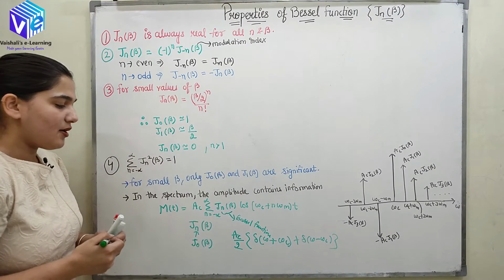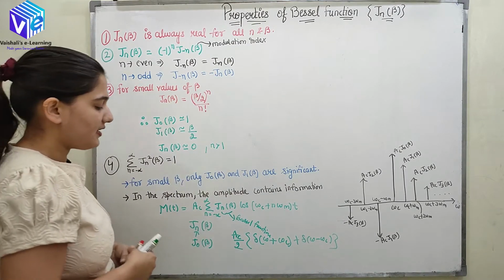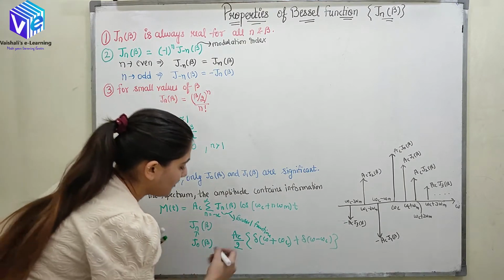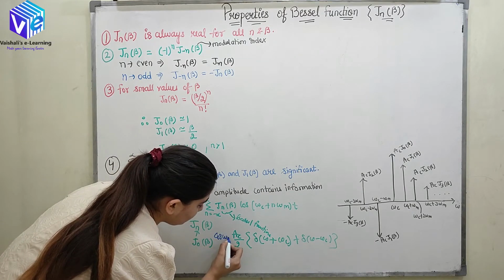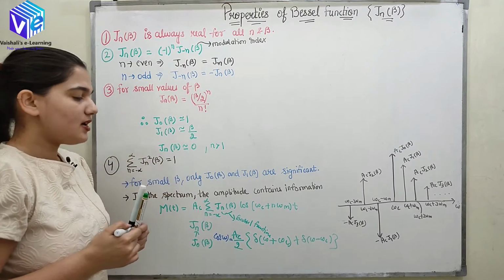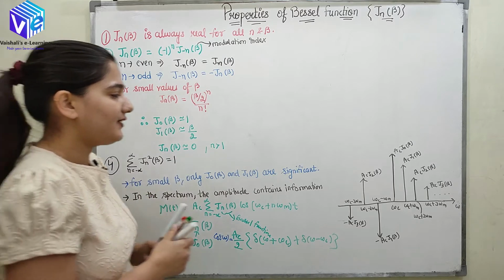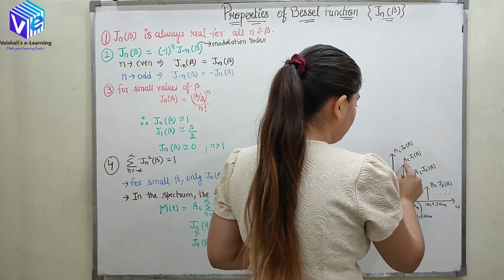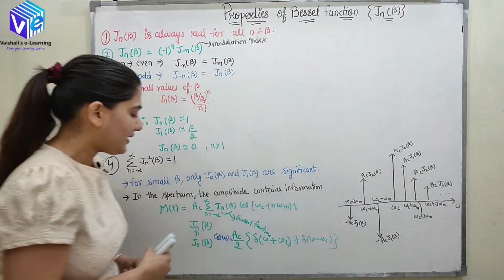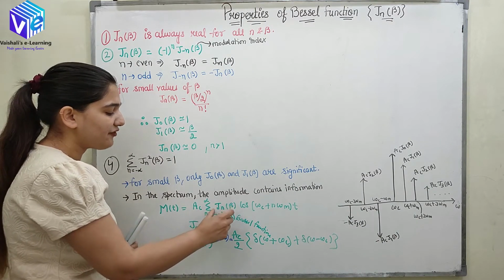So this is the frequency spectrum representation of cos omega.